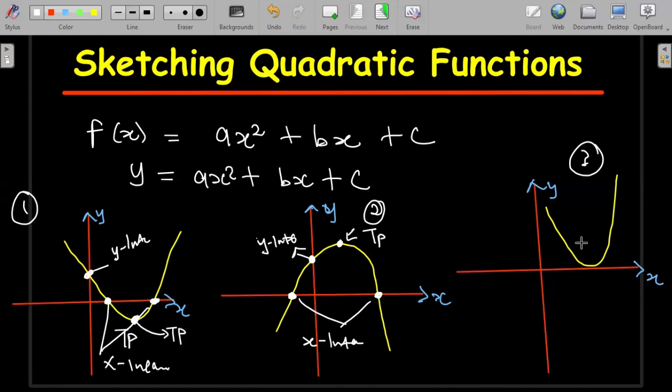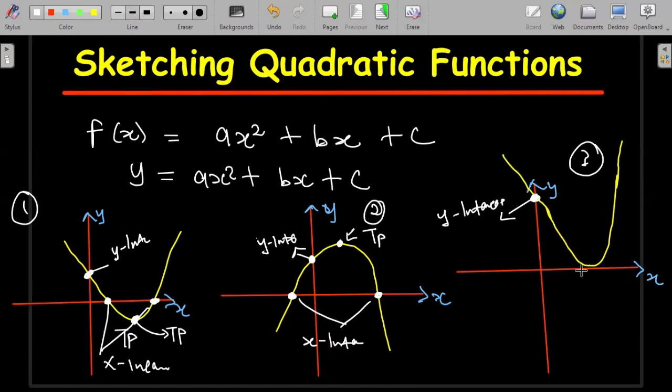Okay, and then when I come here, what do I notice? Okay, so maybe I should extend this graph. Should come like that. Okay, like that. So we notice that it touches the y-axis at 1 point. So we're calling that the y-intercept. Okay. And then we have this graph here.